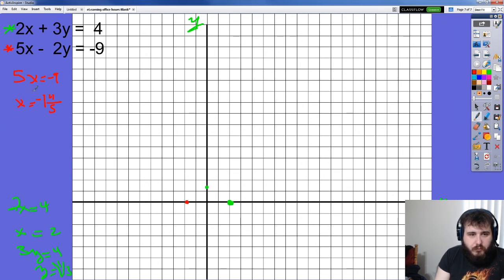And then my other one, I'm going to solve for y. To do -9 divided by -2, I'd get 4.5.